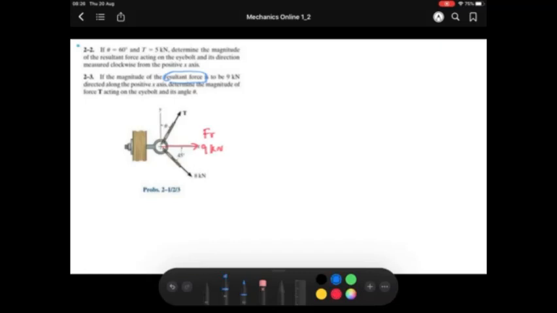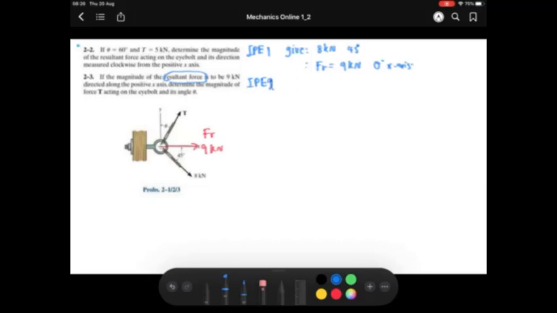So IPE step 1: they give you the 8 kilonewton force at 45 degrees, and then they give you FR, 9 kilonewtons at 0 degrees to the x-axis. We will still use the steps for addition of vectors.